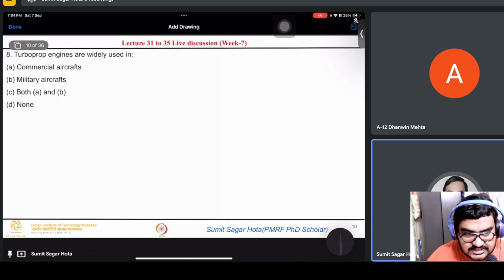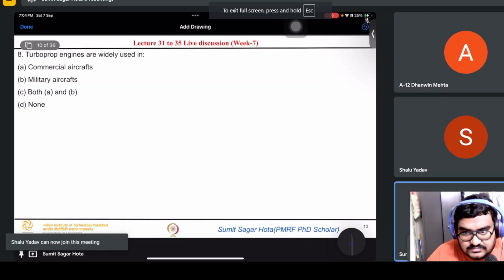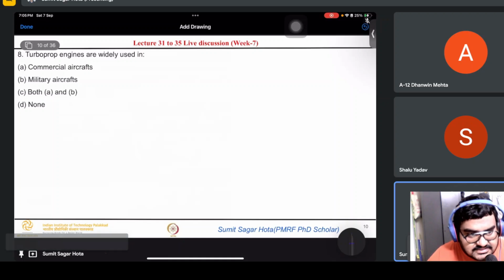Business class people are also using these turboprops. But in the initial times, in commercial aircraft, these turboprop engines were used. That's the reason why this question is set. So now also it is used for commercial purposes.